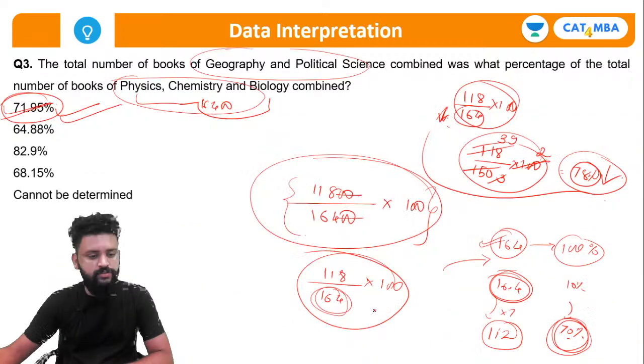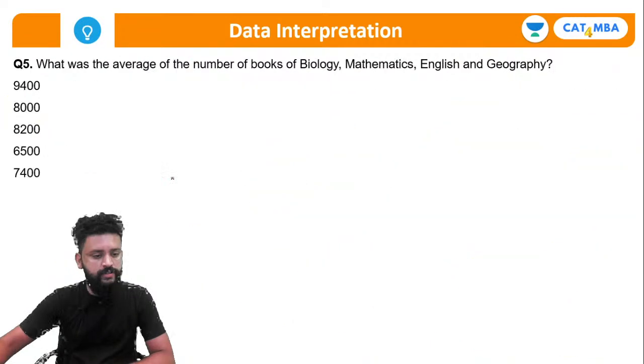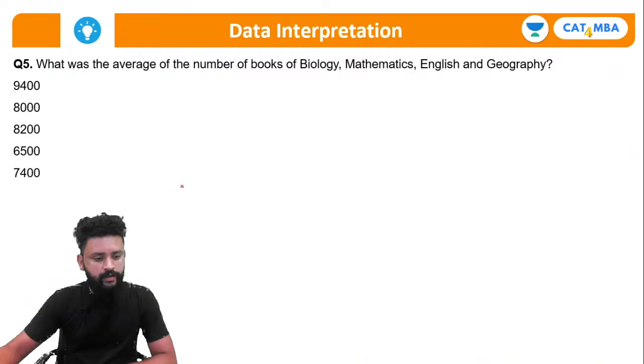It will be 7,200. I hope you understood this. What's the average, guys?